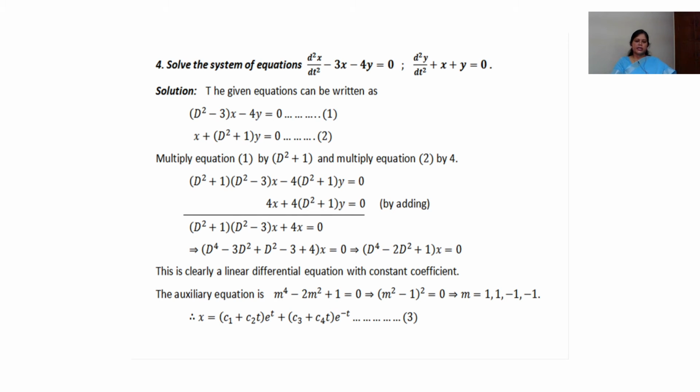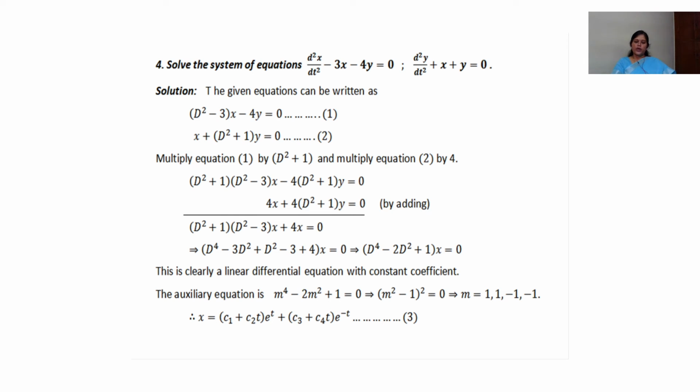So this is clearly a linear differential equation with constant coefficients. From that we are getting the auxiliary equation m to the power 4 minus 2 m square plus 1 is equal to 0. That we can write as m square minus 1 whole square is equal to 0. So from this we are getting m values 1, 1, minus 1, minus 1.